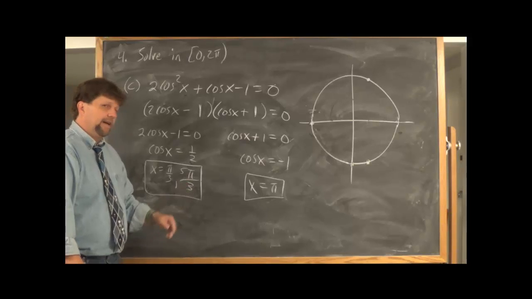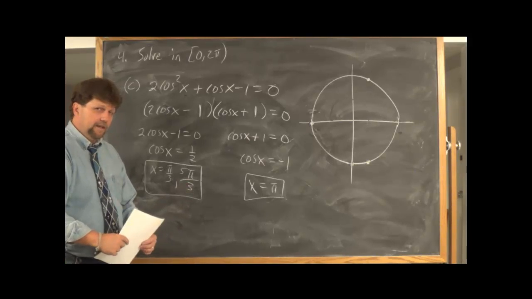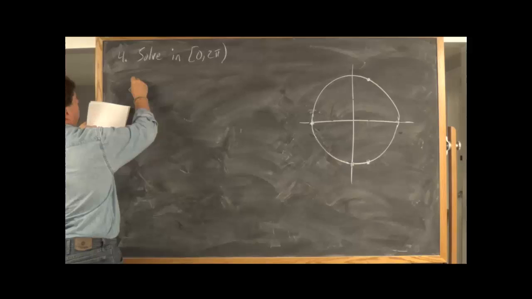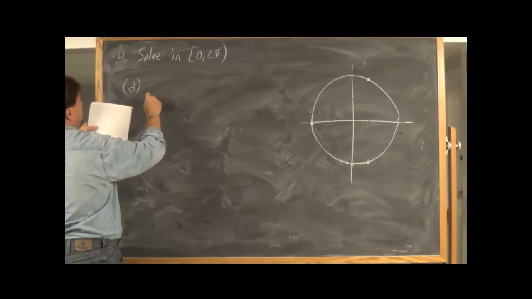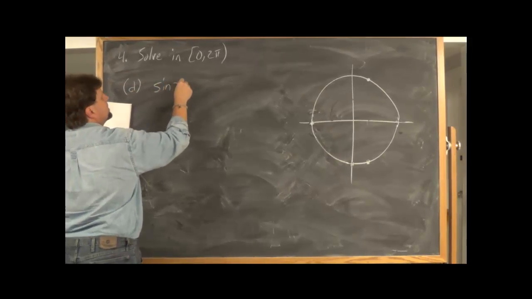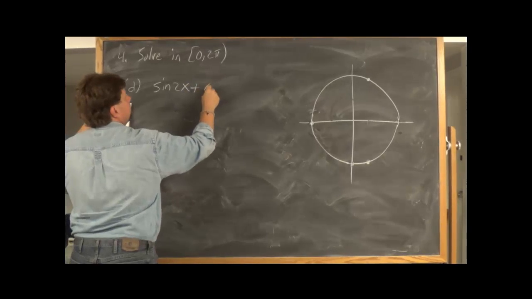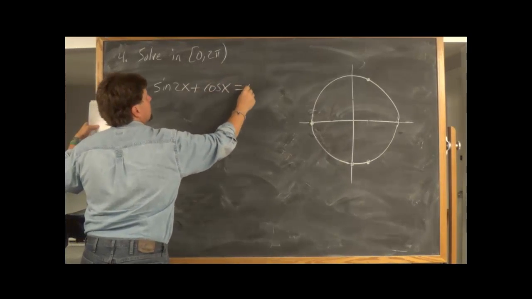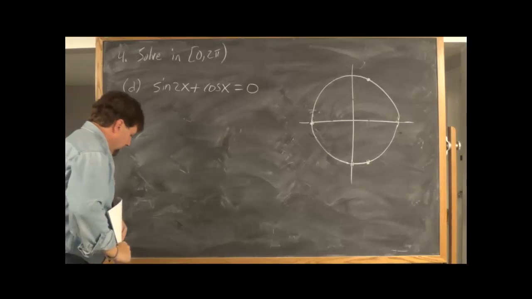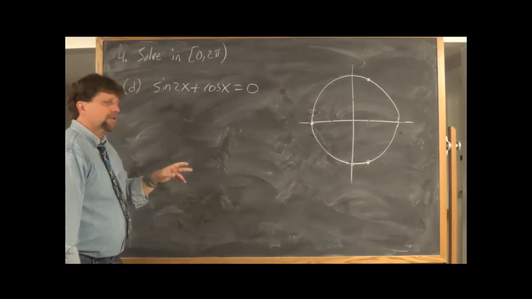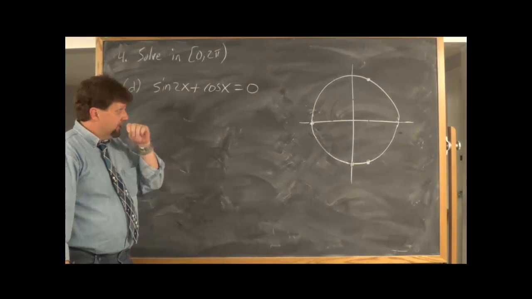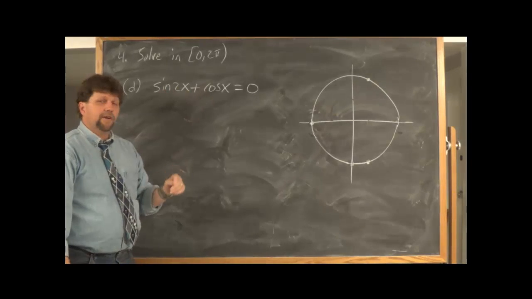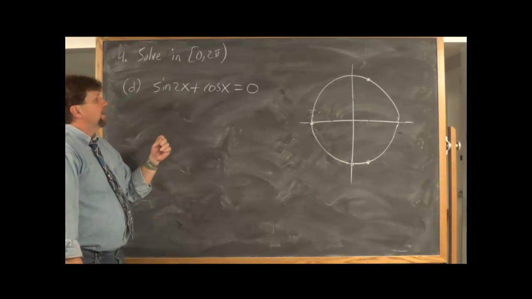And if you need to write anything down, again, hit pause, because I'm going to erase. Part D, I asked you to solve sine 2x plus cosine x equals 0. A lot of times it's really difficult to solve a trig equation if you have 2 different trig functions involved, like we have here.